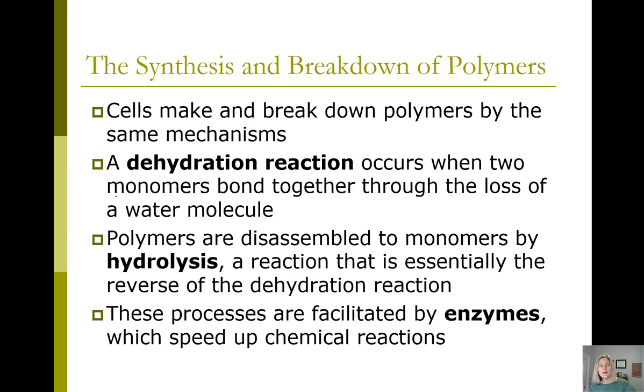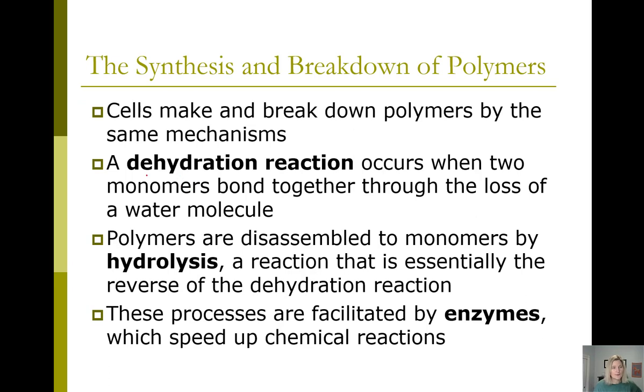A polymer is a larger form of a molecule that can be broken down into smaller forms. There are two processes involved in order for a molecule to be broken down, and then another process for it to build up into a bigger molecule.